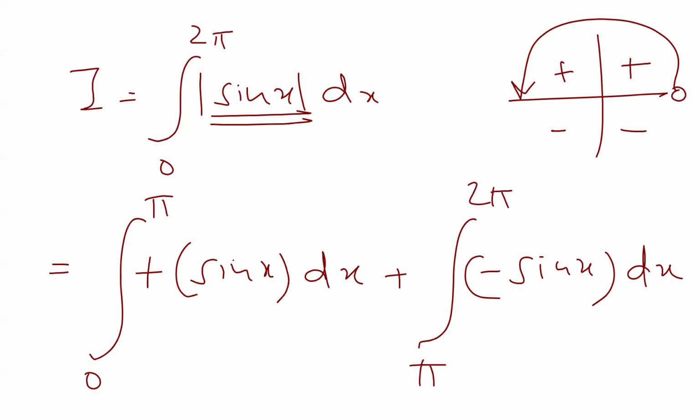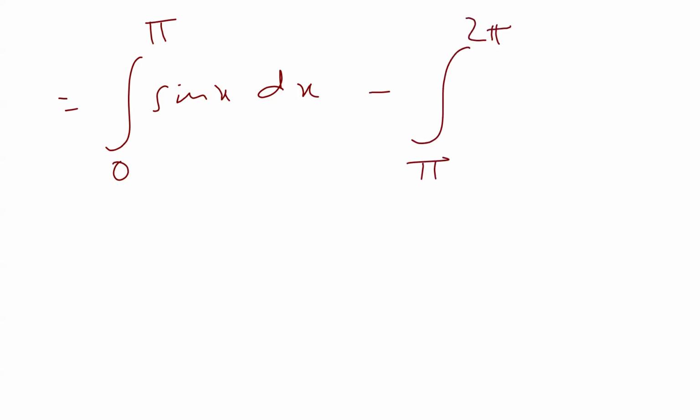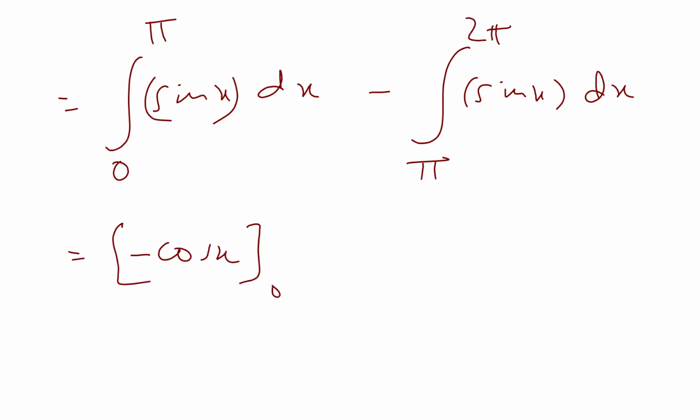Okay, now this minus into plus is minus: sin x dx from 0 to pi minus pi to 2 pi sin x dx. Now integral of sin x is minus cos x from 0 to pi, and this is also minus cos x.